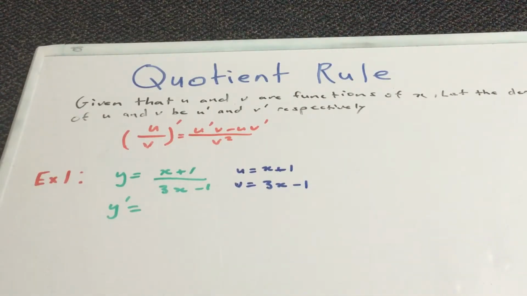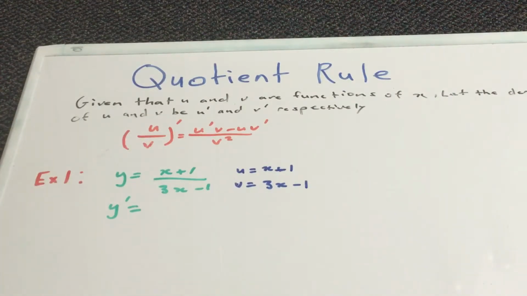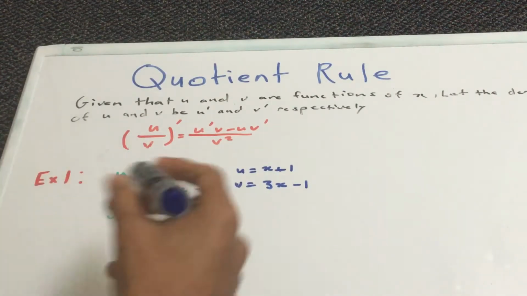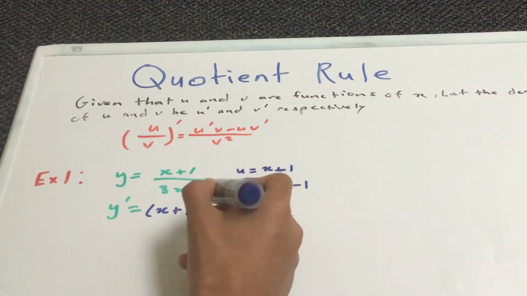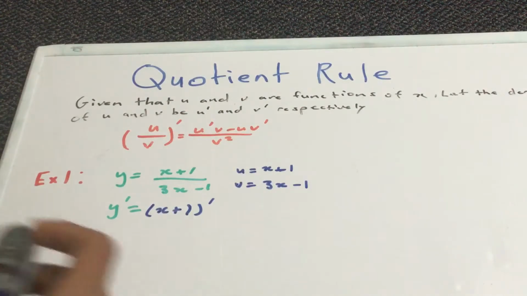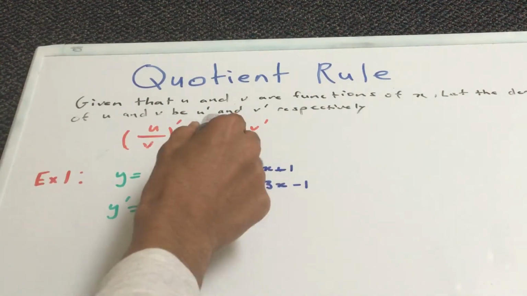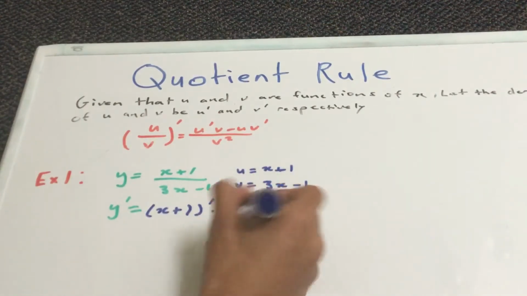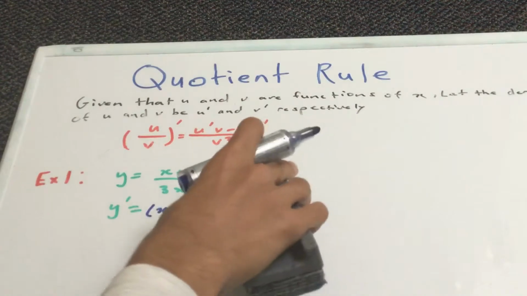Okay, so now u dash is telling us to differentiate u. So differentiating x plus 1, I'm just going to do it step by step. So x plus 1, and now you have to times by v, which is 3x minus 1.